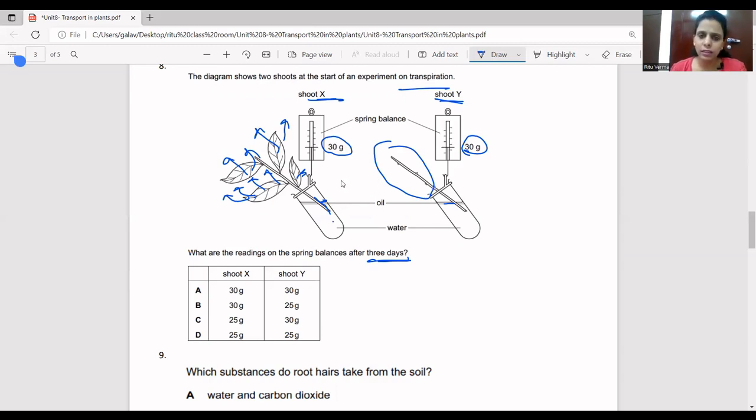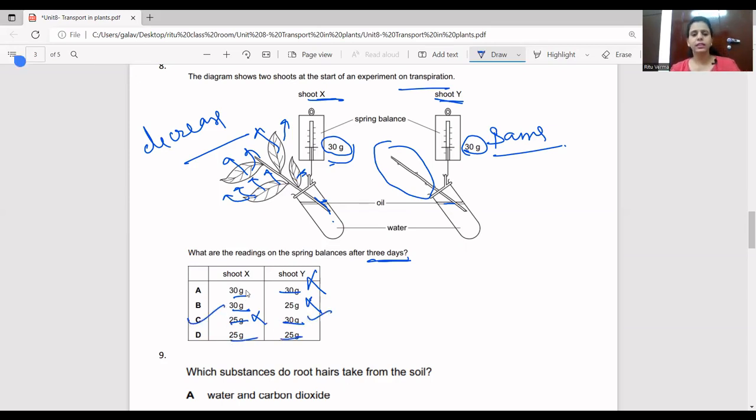Hence, after 3 days the weight of shoot X will decrease, and here the weight will remain the same. So A, 30 gram, no. Shoot X 30 gram remains same and it decreases, no. C, one is decreasing and the other remains the same, and here both are decreasing. So C is the correct answer.